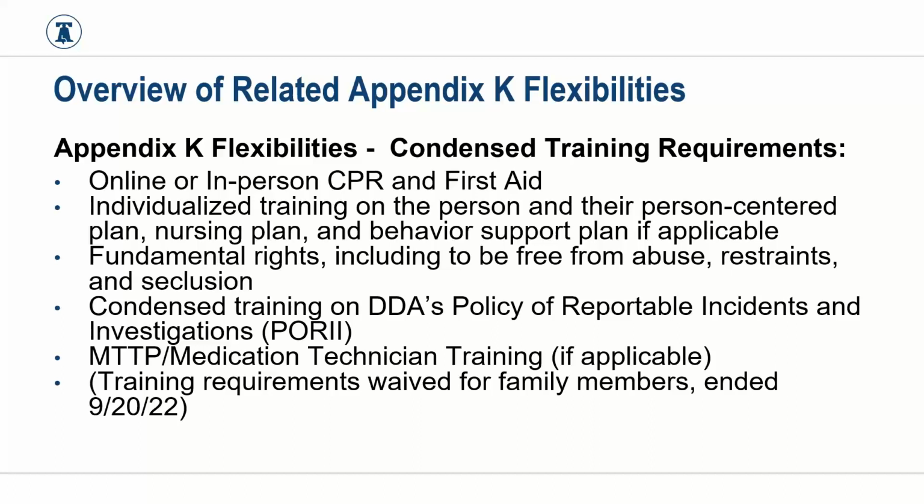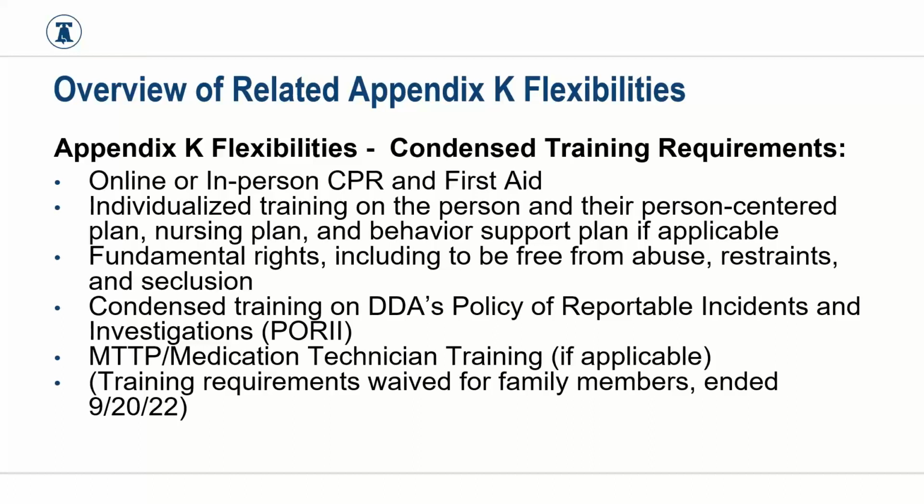And also one of the continued training requirements was around having, it could be a condensed version, but having verification that the staff had been trained and had received the policy for reportable incidents and investigations, a PORI.